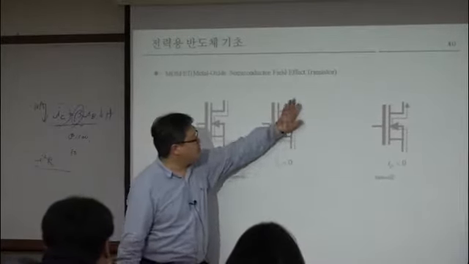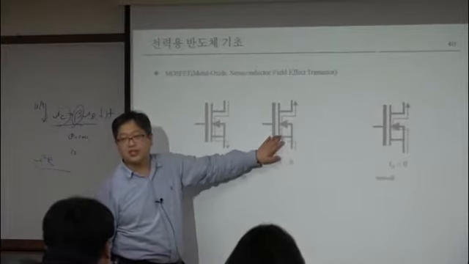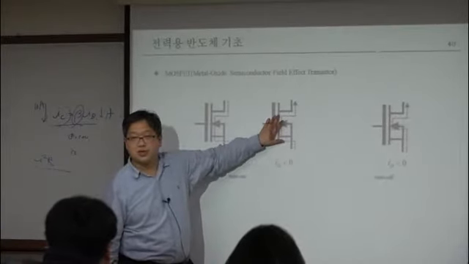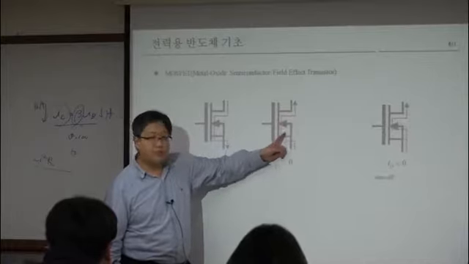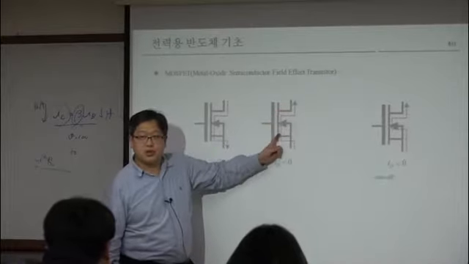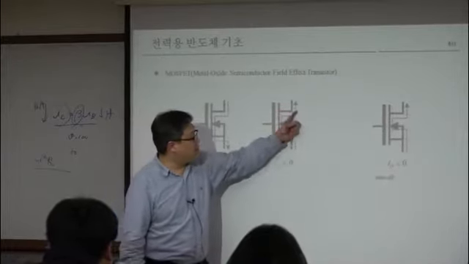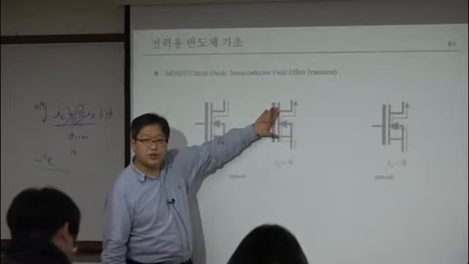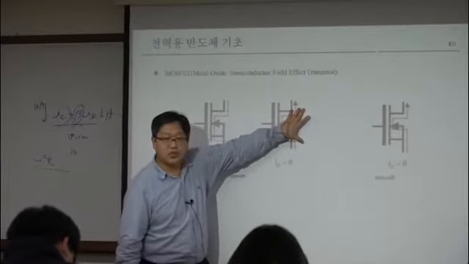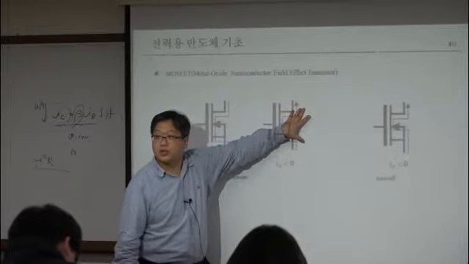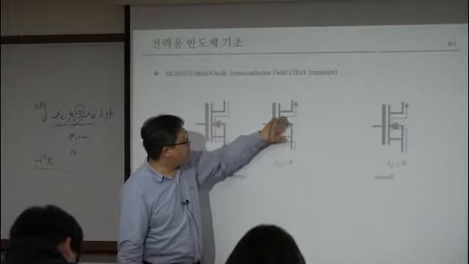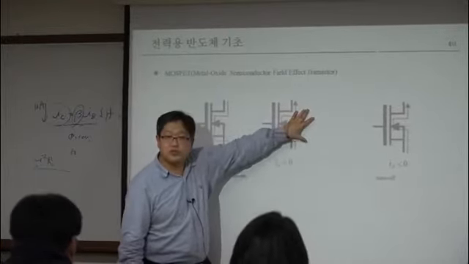This channel is modeled as a resistor. Assume that is 1 ohm. And if you flow 1 ampere through here, then the voltage drop of the drain to source is what? 1 volt. If you flow 2 ampere, then the voltage drop is 2 volt.